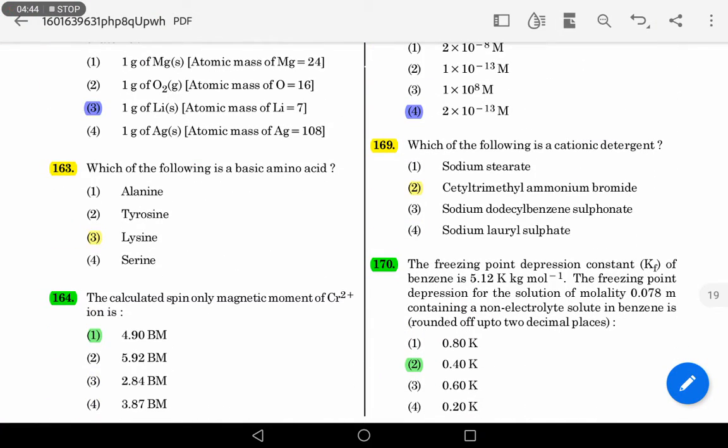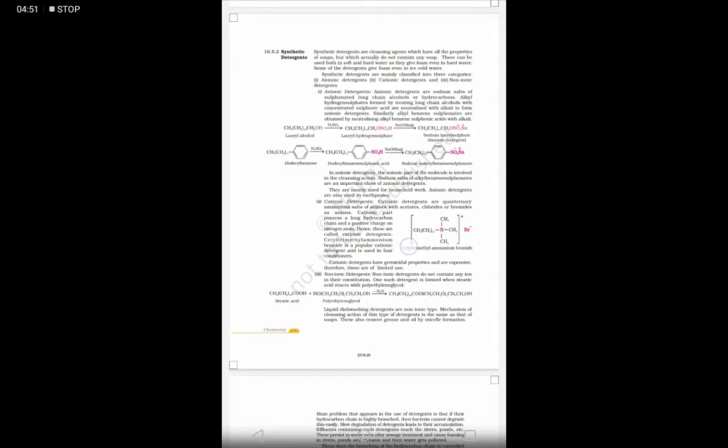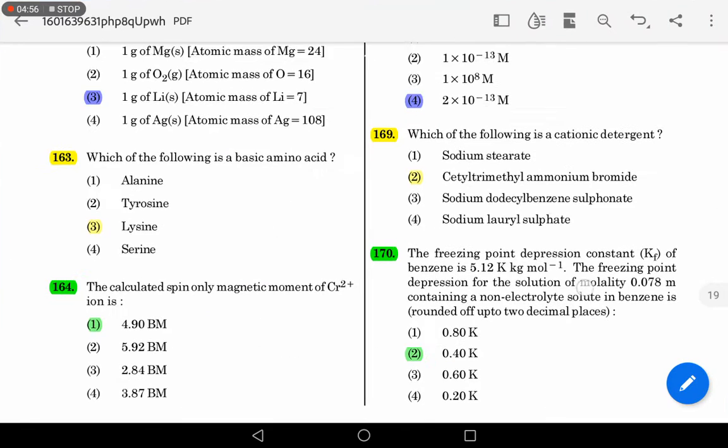Next question, which of the following is a cationic detergent? Cetyl trimethyl ammonium bromide is a cationic detergent.